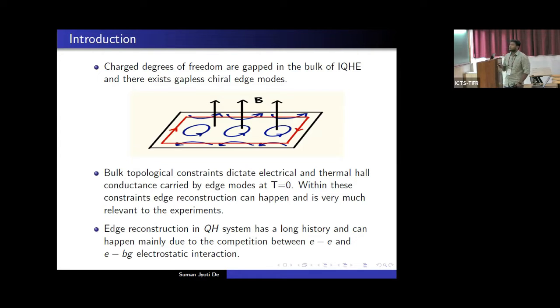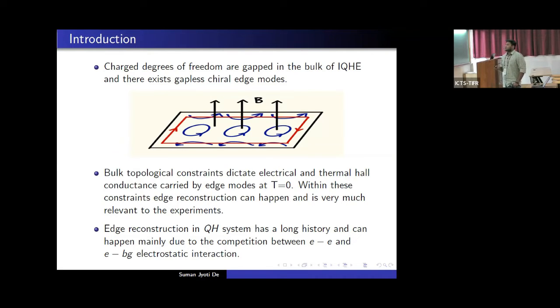Now, in the quantum Hall context, we all know that the charge degrees of freedom are gapped in the bulk of the integer quantum Hall system, and there exist chiral gapless edge modes. This can be understood from the semi-classical picture of cyclotron orbits in the presence of a perpendicular magnetic field.